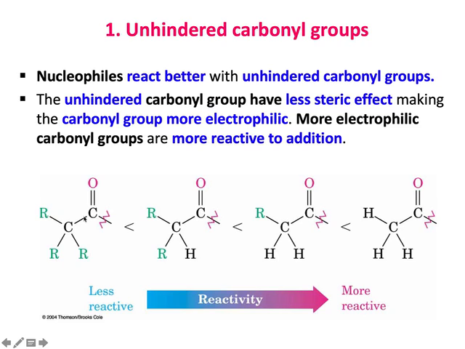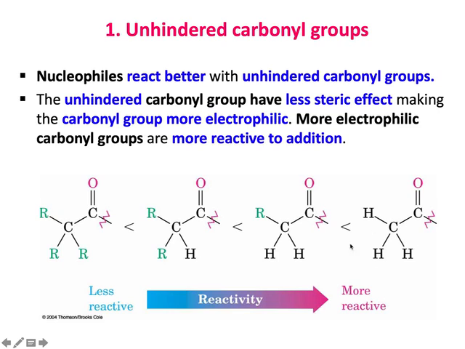The surrounding of this carbonyl group has less steric effect, or fewer R groups, so it becomes more electrophilic. If the carbonyl group is more electrophilic, it is more reactive towards addition. So in this example, one carbonyl is less reactive and this one is more reactive.